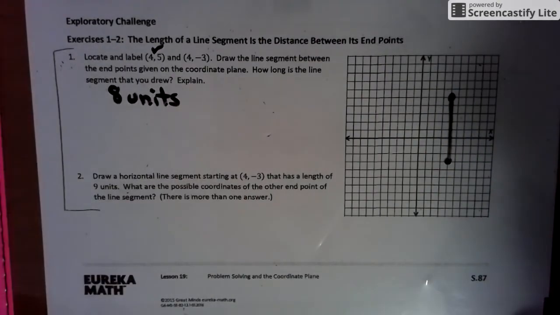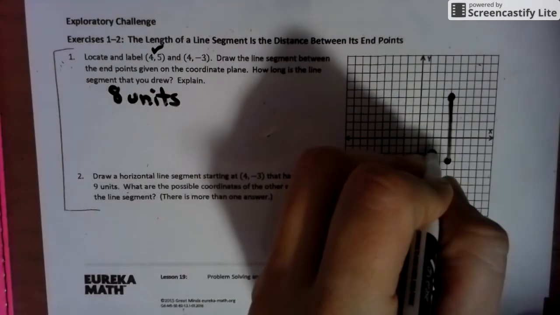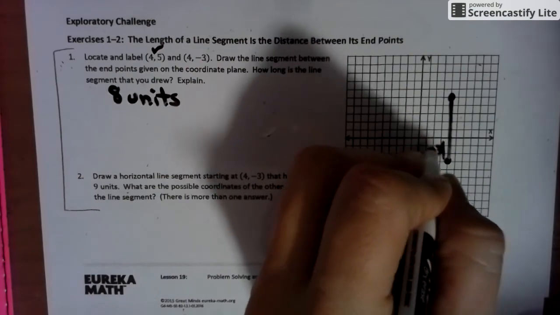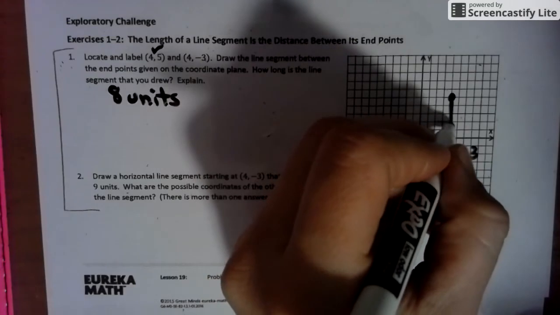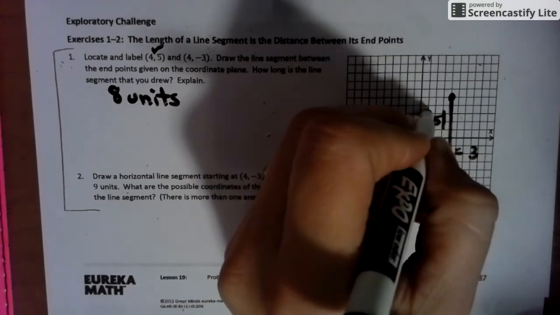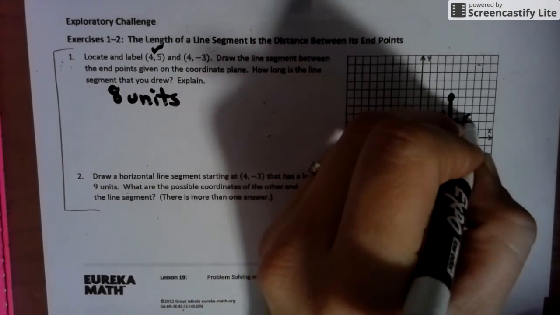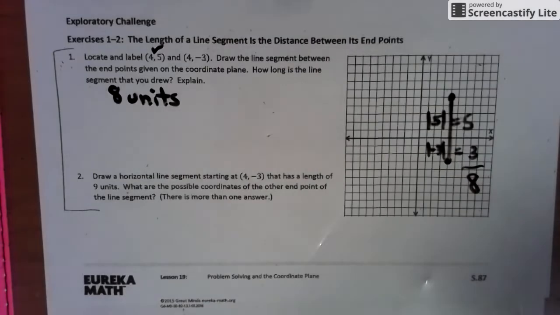Another way to look at it is the absolute value. This right here is 3 jumps in the negative, which equals 3. And this is 1, 2, 3, 4, 5 jumps in the positive, which equals 5. So together, 5 and 3 make 8.